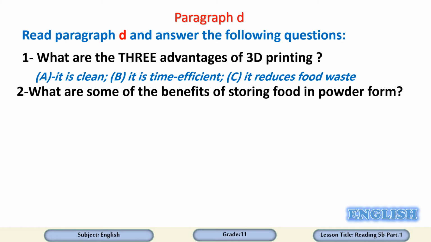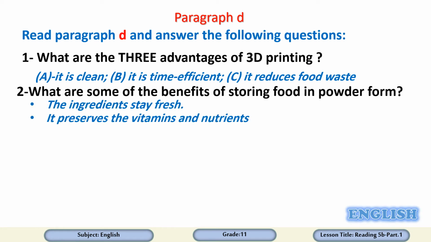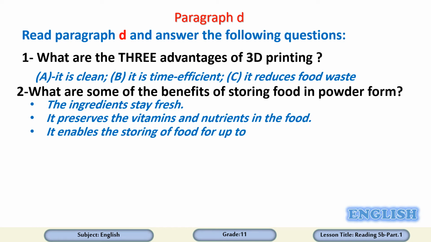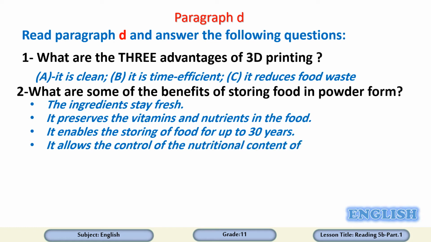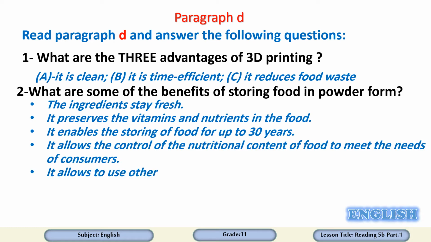Question number 2. What are some of the benefits of storing food in powder form? The ingredients stay fresh. It preserves the vitamins and nutrients in the food. It enables the storing of food for up to 30 years. And there are many other benefits to state.